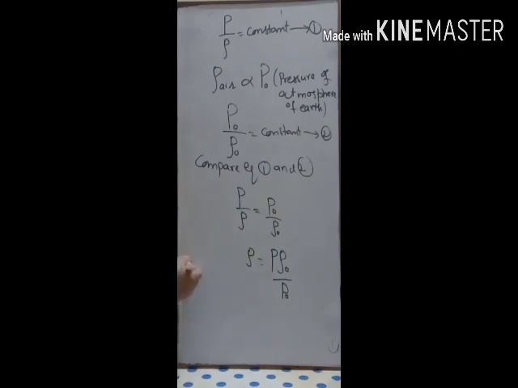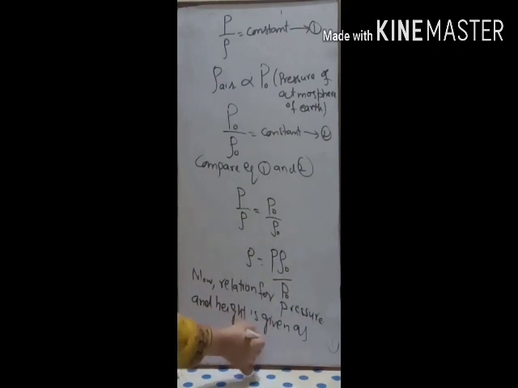Now, the relation for pressure and height is given as dP over dy is equal to minus rho g.